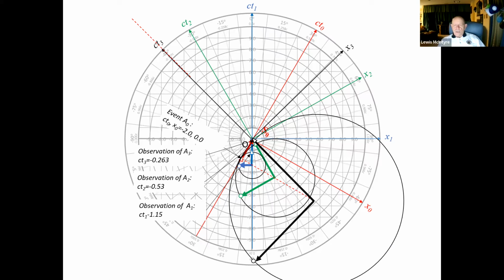This is because the time of observation is equal to CT plus the absolute value of X, and X is the speed times time, which as that goes towards C, X approaches the value of CT.